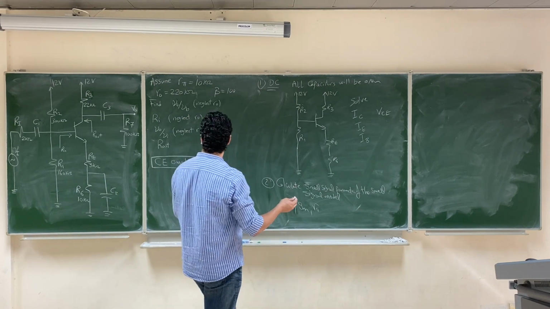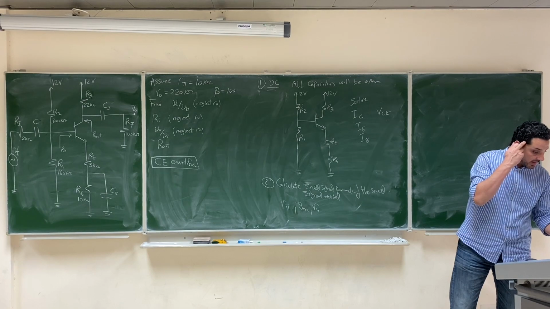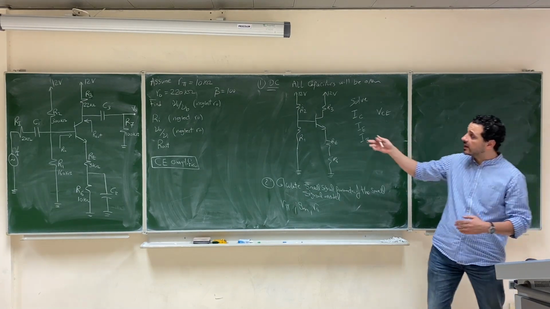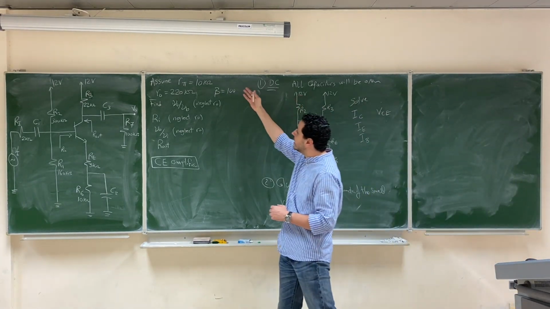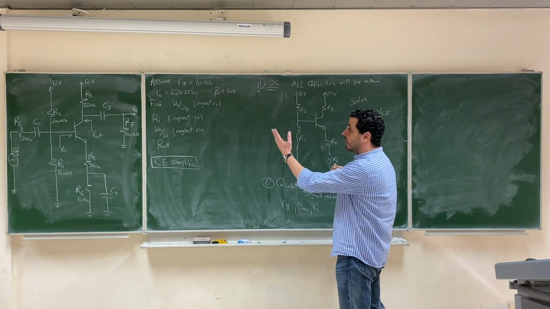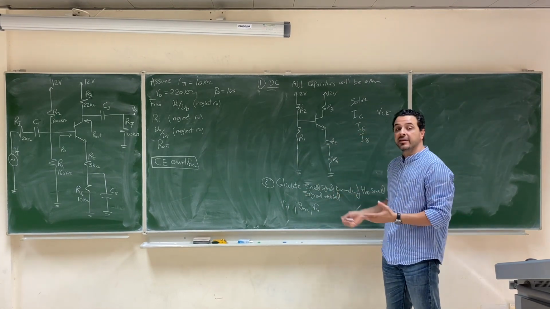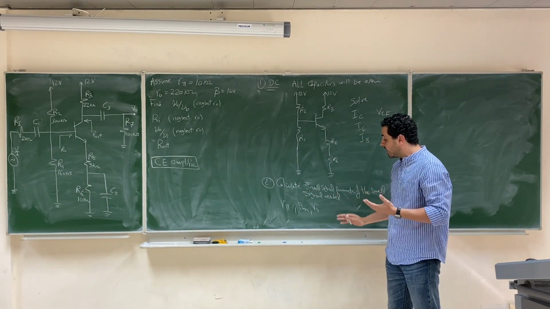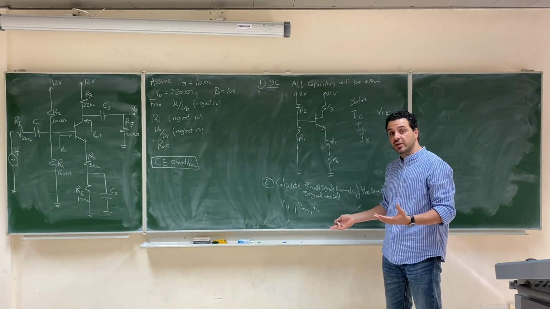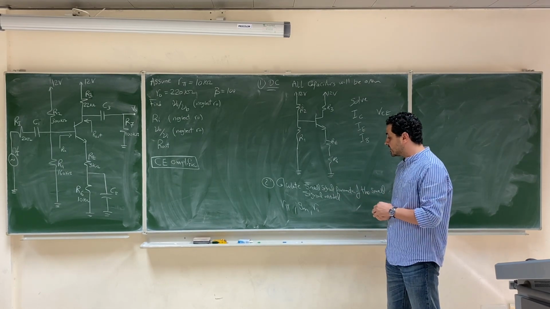And here, let's see if any early effect was given. Yes, in the problem they already gave you RO with a certain value, okay? So early effect exists here, but in general, if I give you VA, the early voltage, you need to calculate RO. If I don't give you the early voltage, then you understand that you are neglecting the resistance RO.